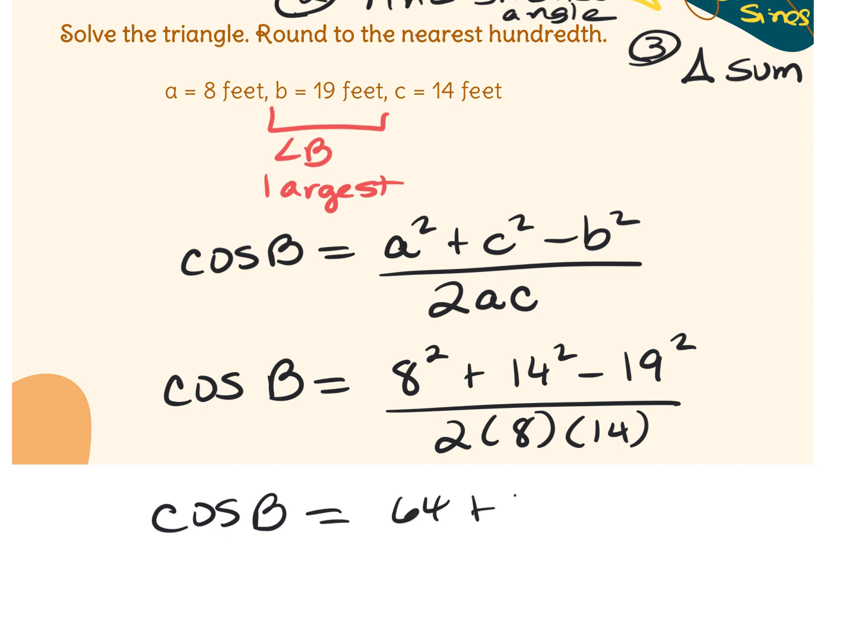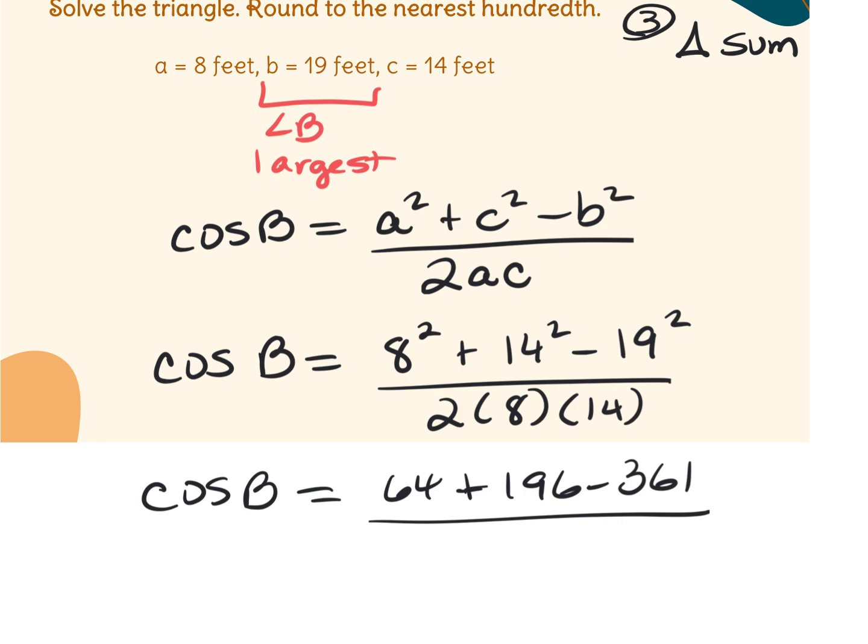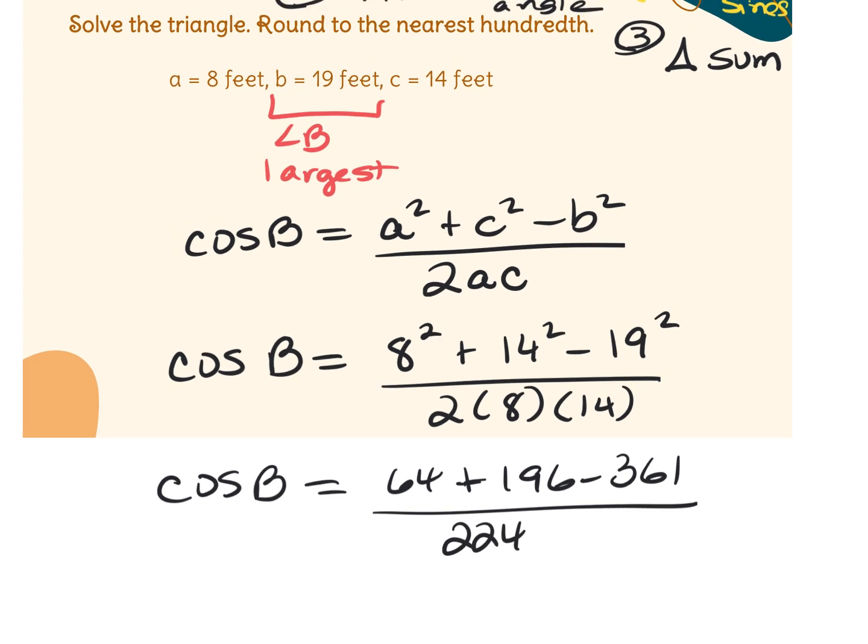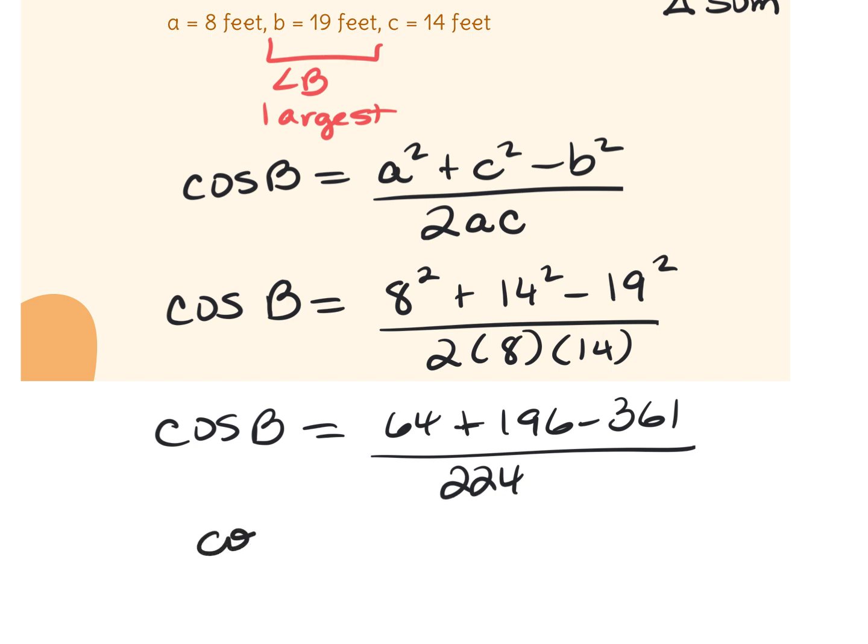The 14 squared is 196, the 19 squared is 361. And for the denominator, 2 times 8 times 14 gives me 224. I'm going to go ahead and add and subtract that numerator: 64 plus 196 minus 361 gives me negative 101.